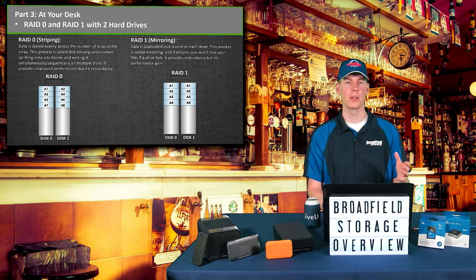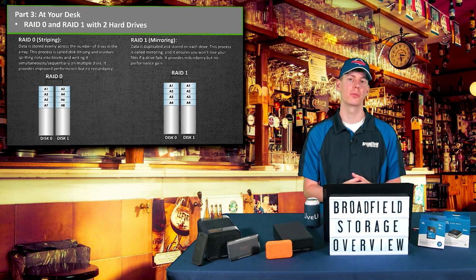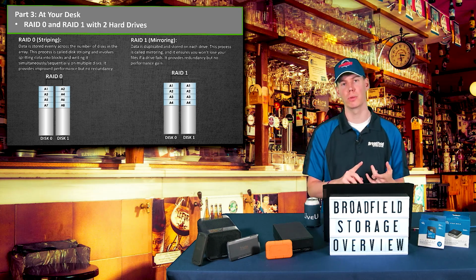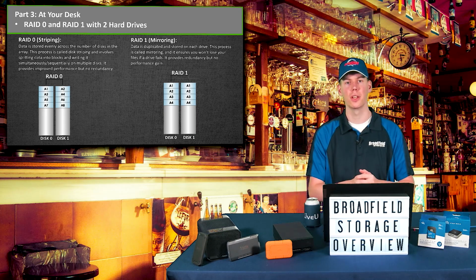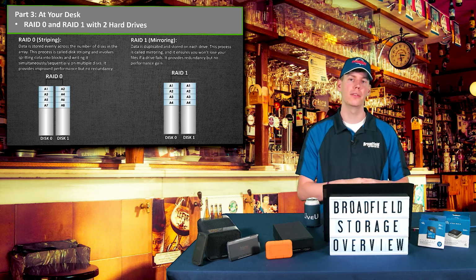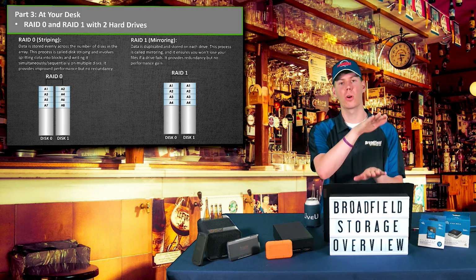So let's talk about the four most popular RAID systems. There's RAID 0, RAID 1, RAID 5, and RAID 6. RAID 0, in its simplest terms, is just a 2-bay drive where you have data being split across the two drives.